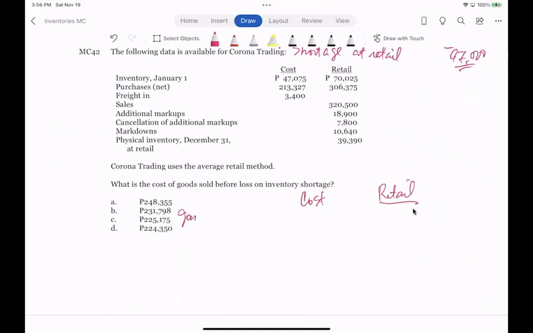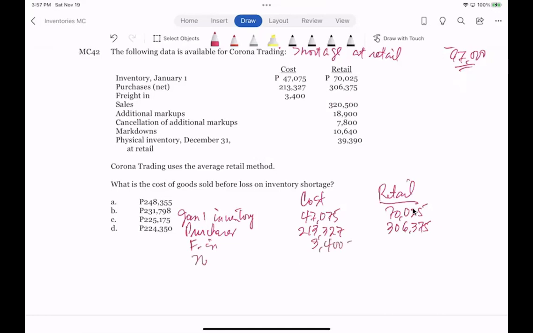We have January 1 inventory, 47,075 and 70,025. We have purchases net 213,327 and 306,375. Freight in, we have 34.